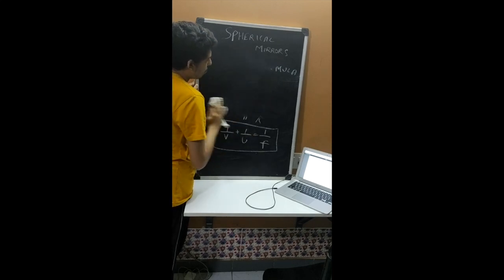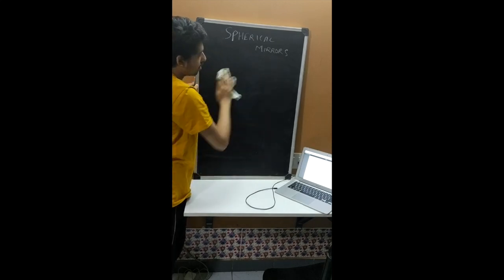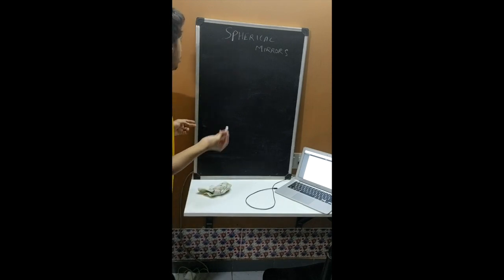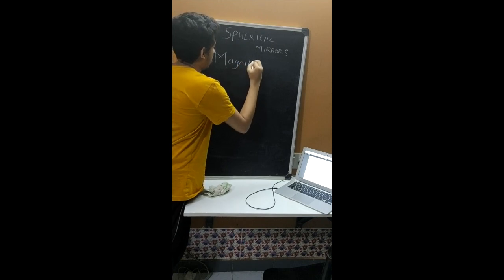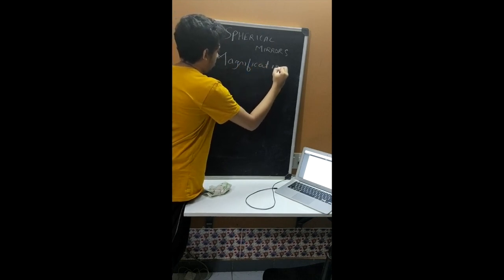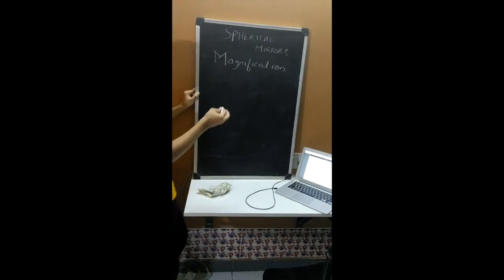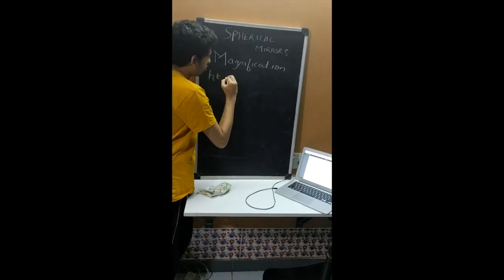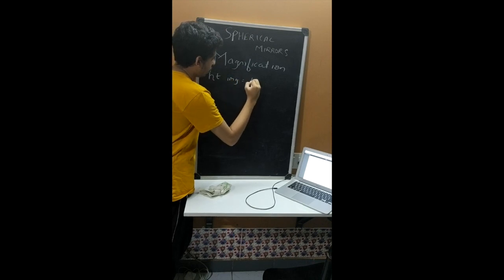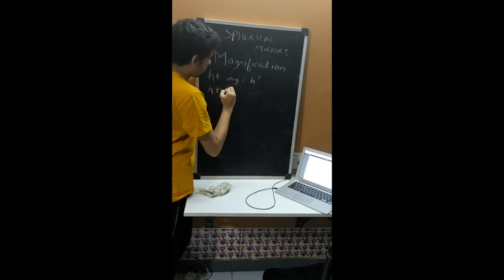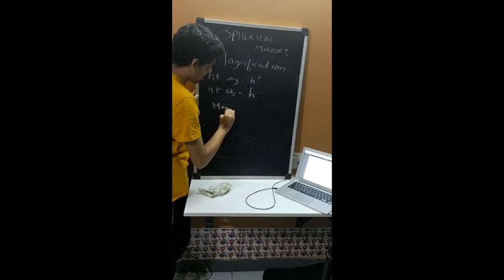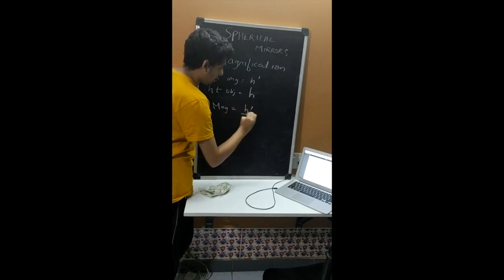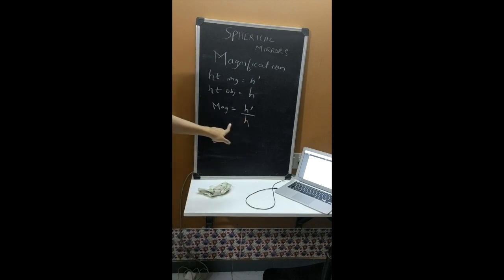Now let us look at the magnification formula. That will tell us about the size of the image. Magnification. What is magnification? If the height of the image is h dash and the height of the object is h, magnification is defined as h dash by h. Okay?